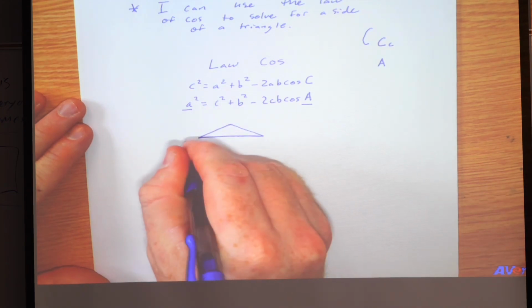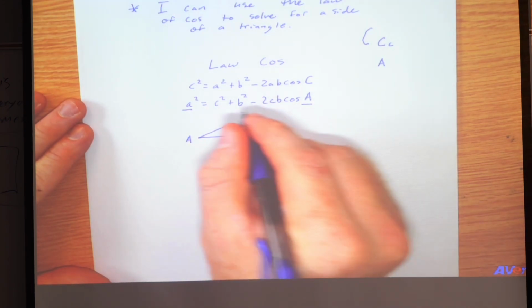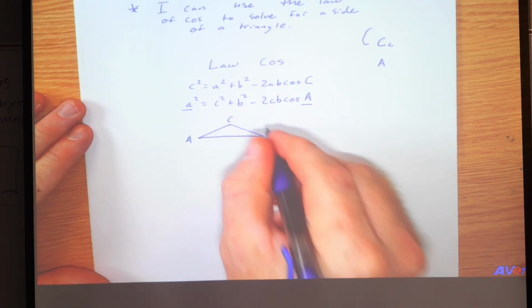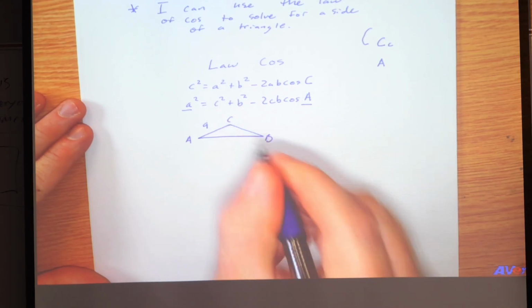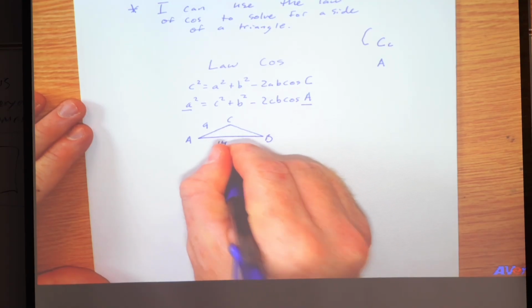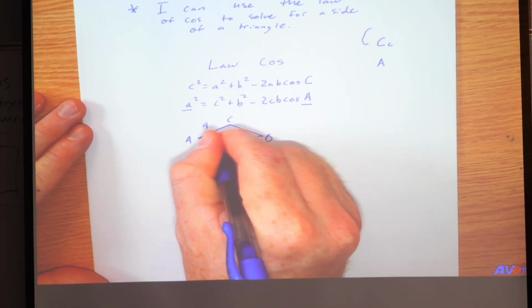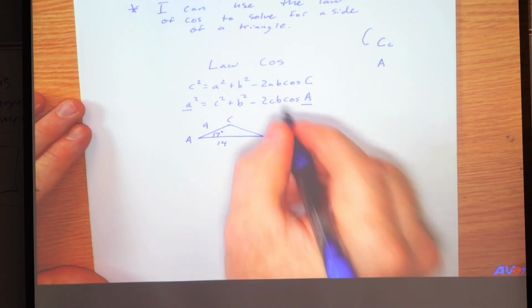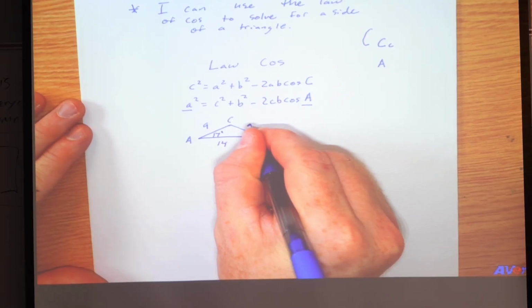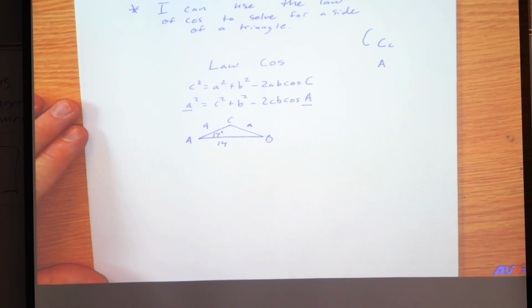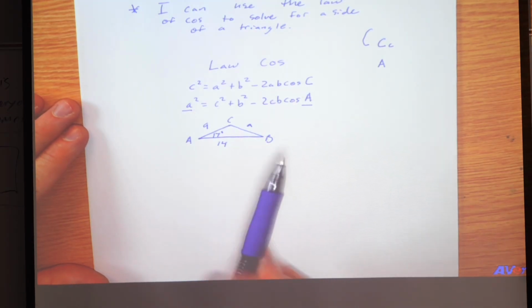And if this is A, this is C, this is B, we have 9, 14, and 17 degrees. So if we want to call this our X, or this is our little a, that's what we're solving for, that side across from the angle.